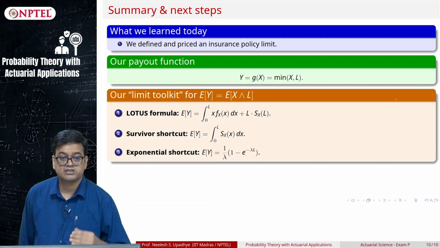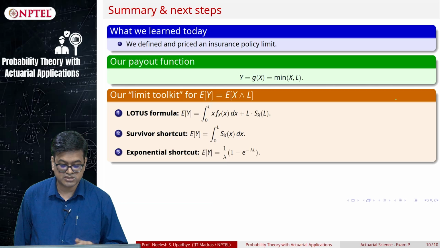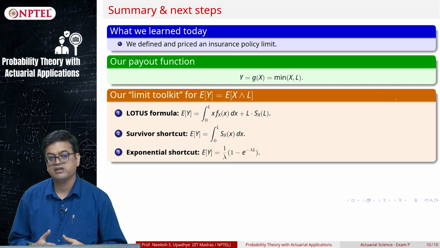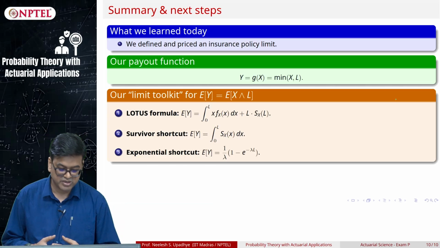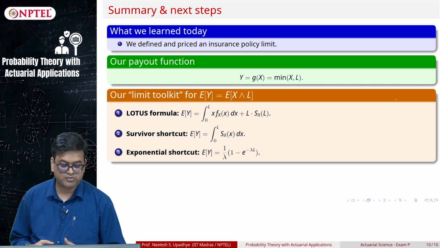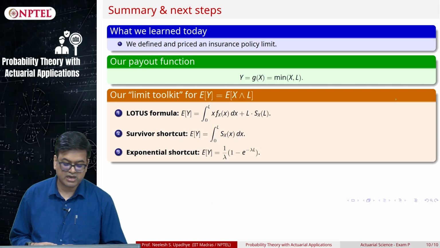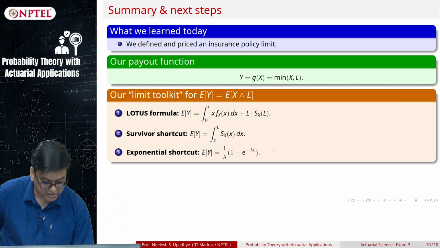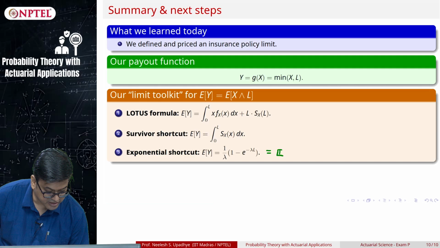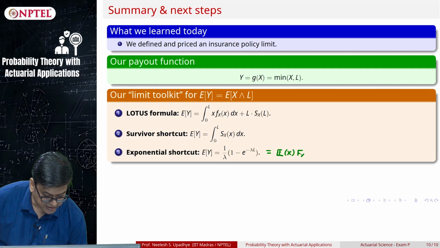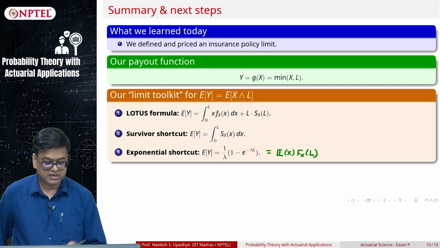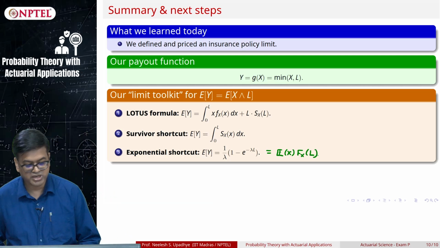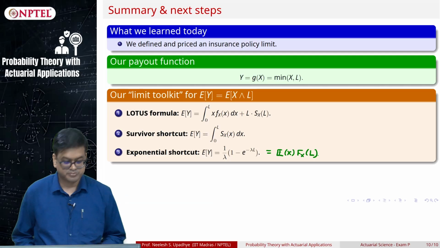And the third, a special case, is the exponential shortcut, which is very handy while solving problems in the exam: the expected value of Y is equal to 1 by lambda times 1 minus e raised to minus lambda L. You can also write this as the expected value of x times Fx of L. So, when the exponential comes up, it is very simple.